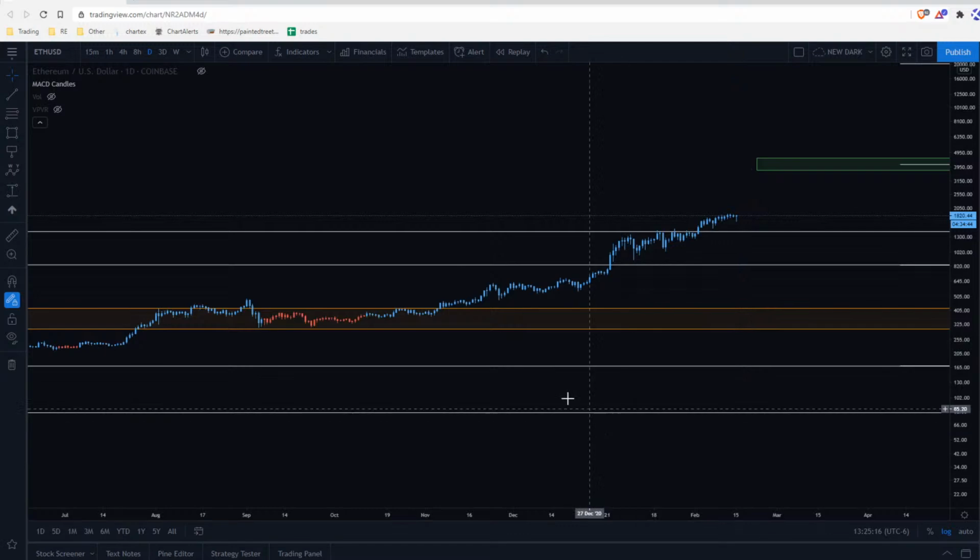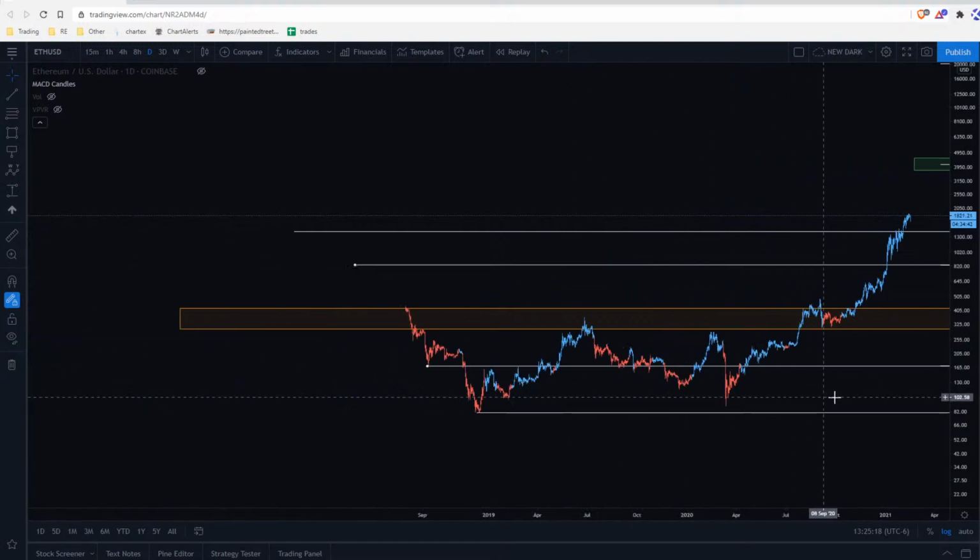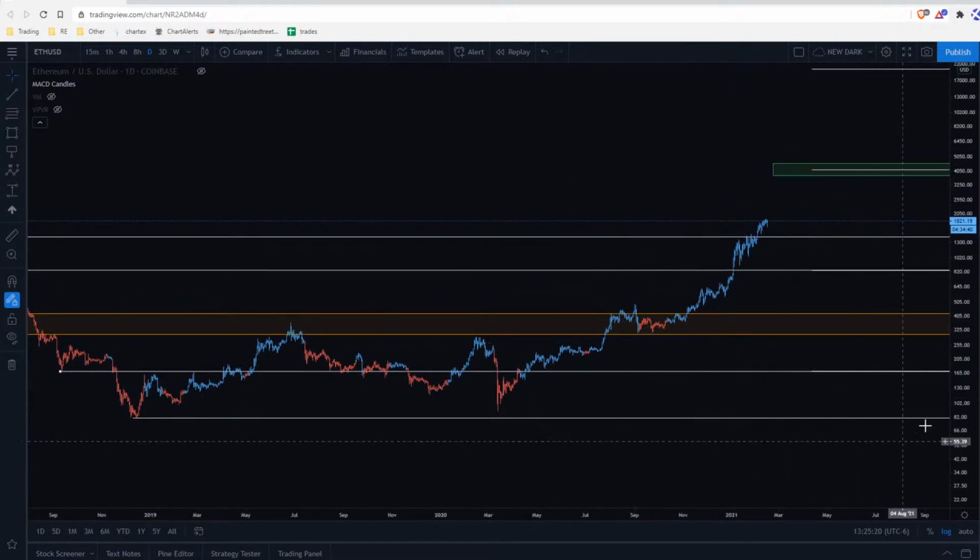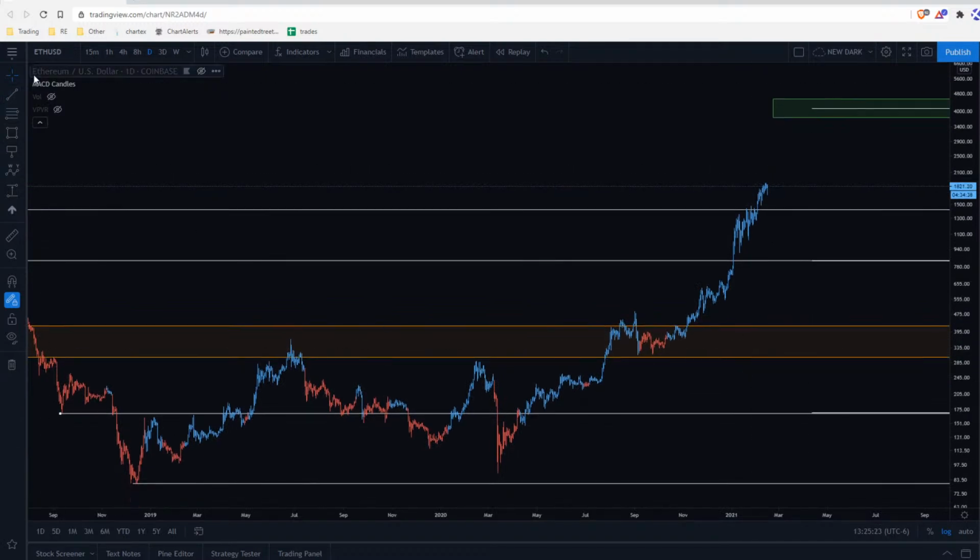And if we go down to the daily, I don't really have too much drawn on ETH because ETH is just a weird chart. And also I'm on Coinbase. I didn't draw on Coinbase at all. We have a bunch of continuation patterns through here.